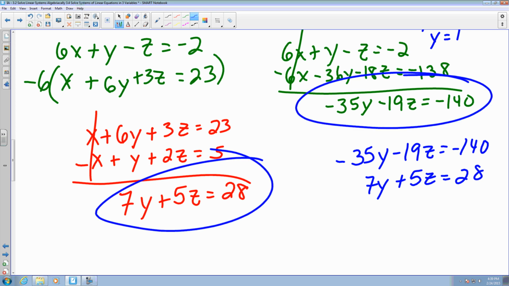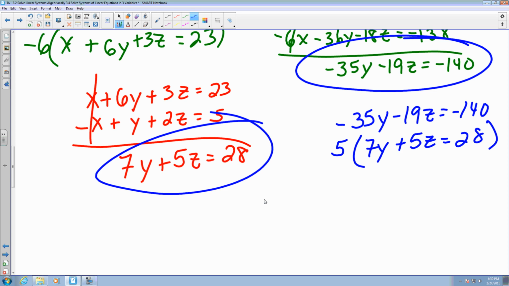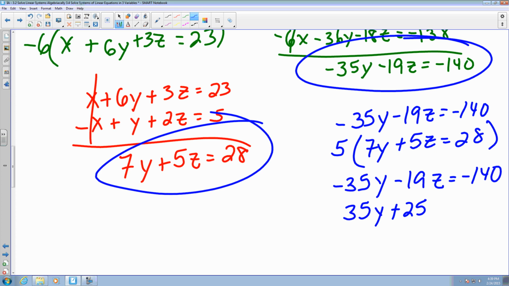Now, I'm going to eliminate the y, which makes it seem reasonable. I'm going to multiply the bottom by a +5, because 5 times 7 will give me the 35, which is the opposite coefficient. So -35y minus 19z equals a -140, and then will give me 35y plus 25z equals 28 times 5 gives me 140.